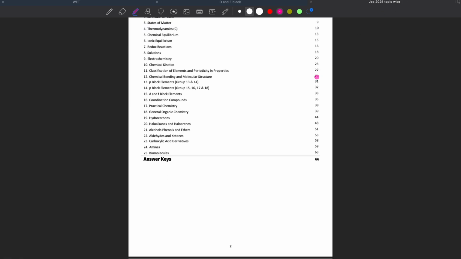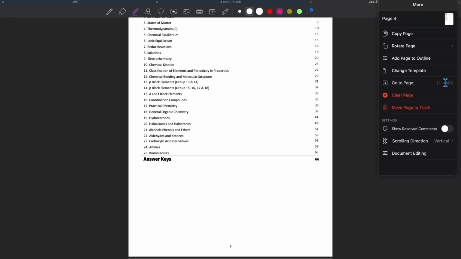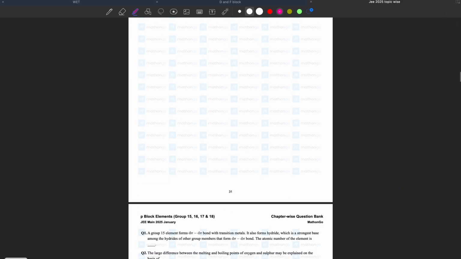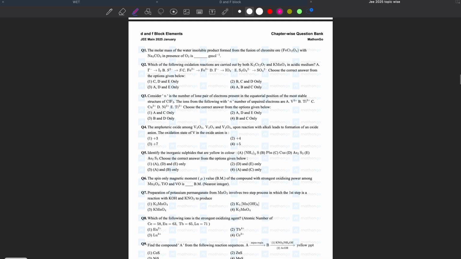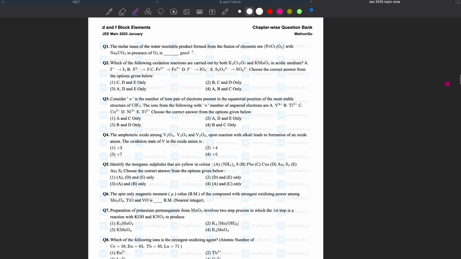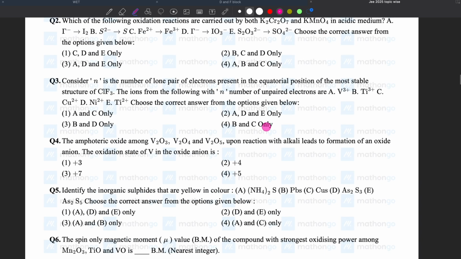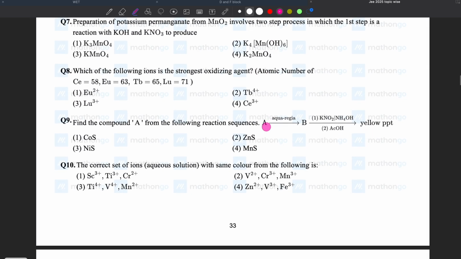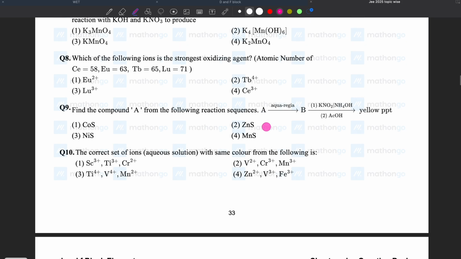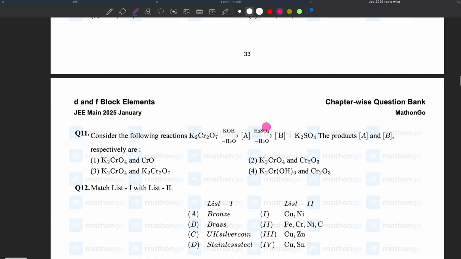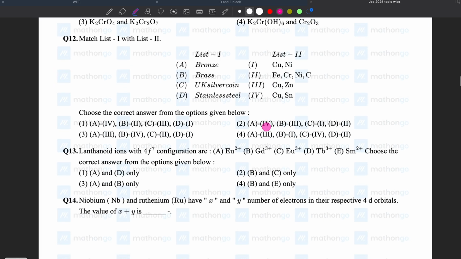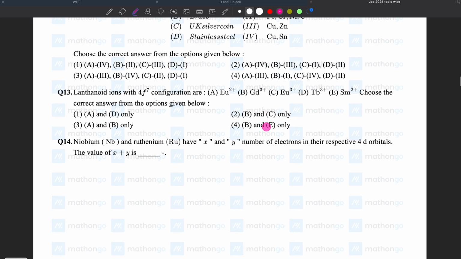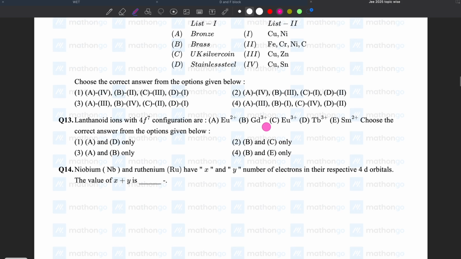D and F block elements, page number 35. Look, the 14th question.